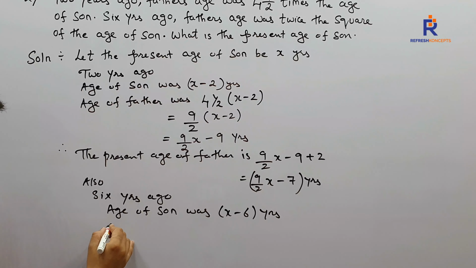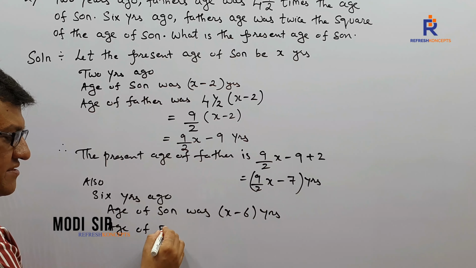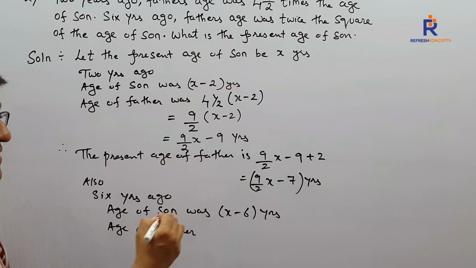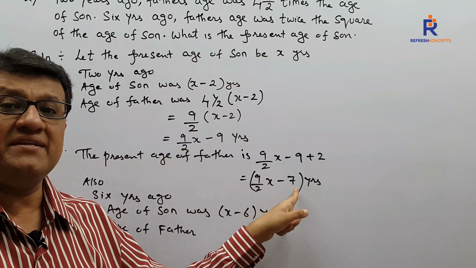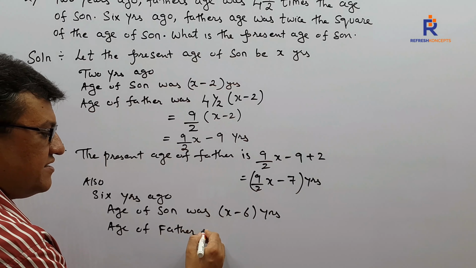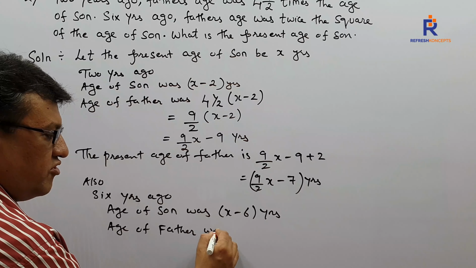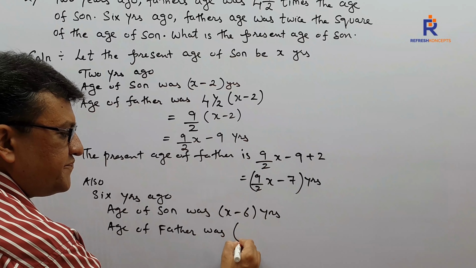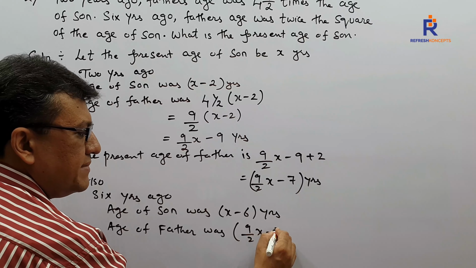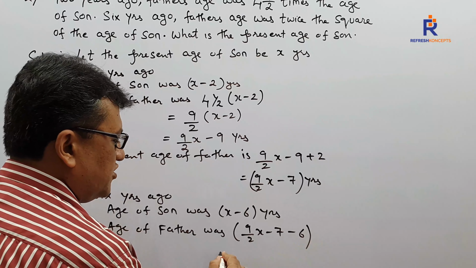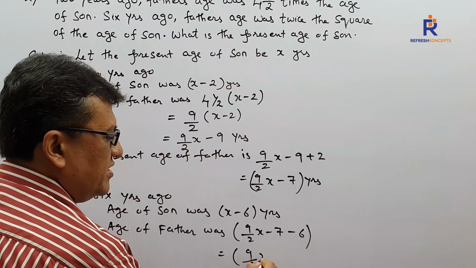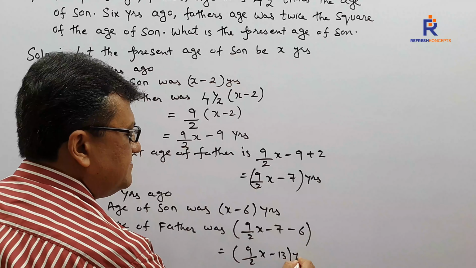Likewise, the age of father, who presently is 9 by 2 x minus 7, 6 years ago means I need to subtract 6, as I did here. Age of father was 9 by 2x minus 7 minus 6, so shall I say 9 by 2x minus 13 years?